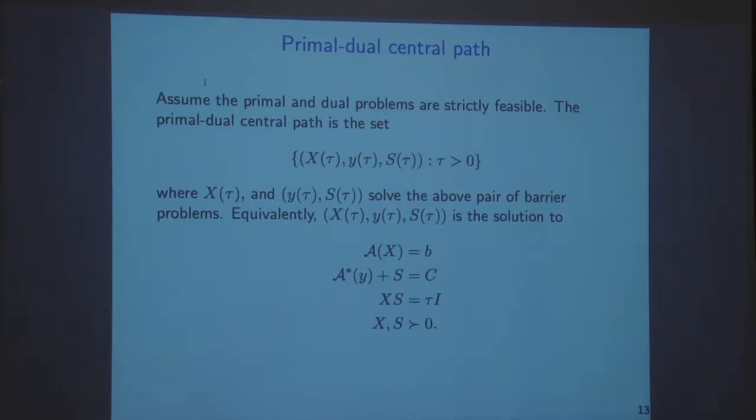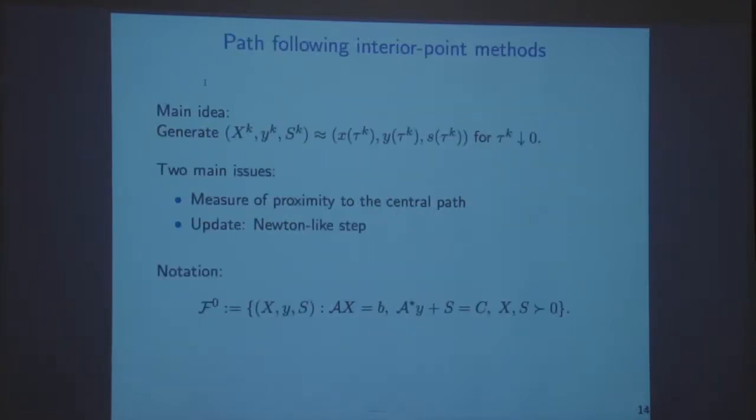So it's almost identical to what we did for linear programming. And I guess technically there is a little typo there, right? On the right-hand side, I should have put big X and big S, because they're matrices. I just noticed that at this moment.